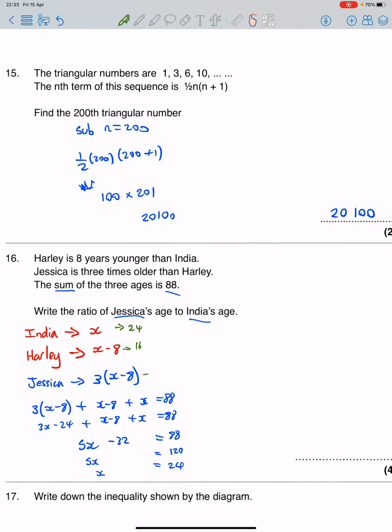And Jessica's going to be 3 lots of 16, which is 48. So the ratio of Jessica to India in terms of their age is going to be 48 to 24, and that simplifies to 2 to 1. So that is it.